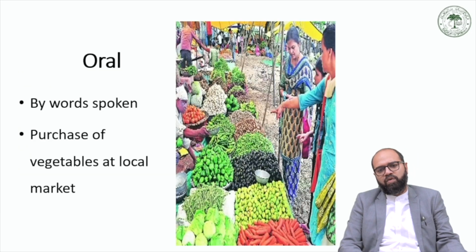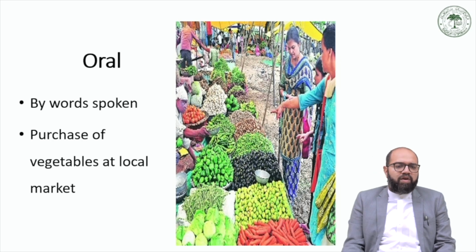Second, an oral contract. An oral contract, as the name suggests, is made by words which are spoken by mouth. For example, if you go and purchase fruits or vegetables from an open market, what you must have experienced is that you do not give a written order to the vegetable or fruit vendor.